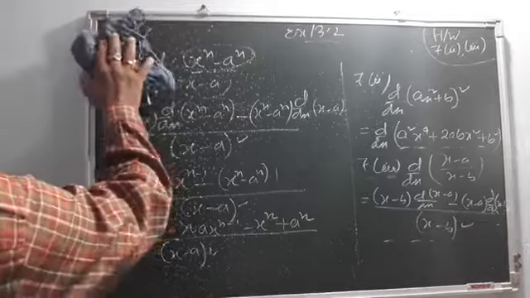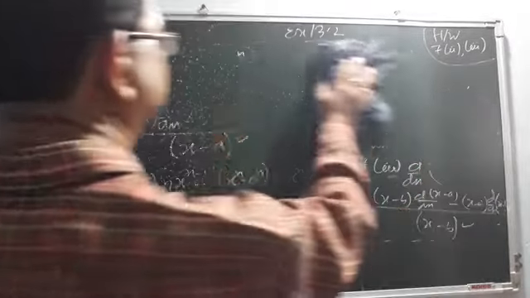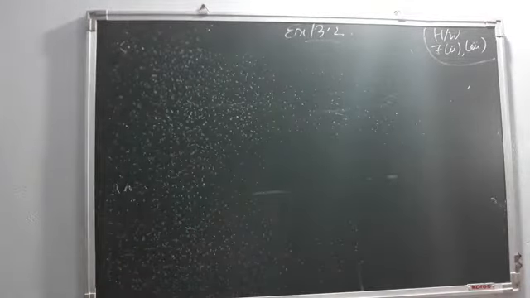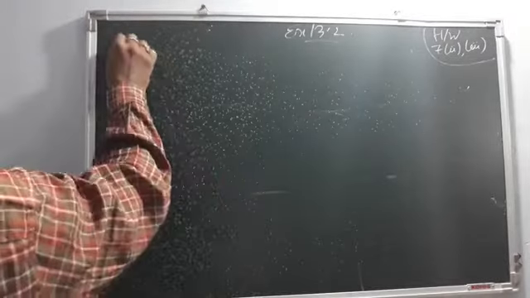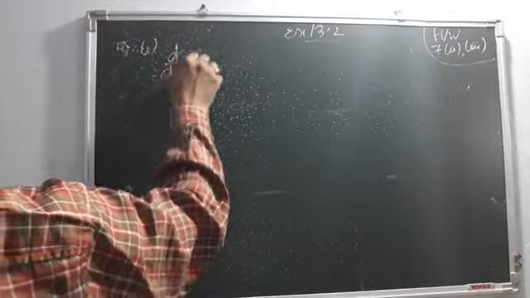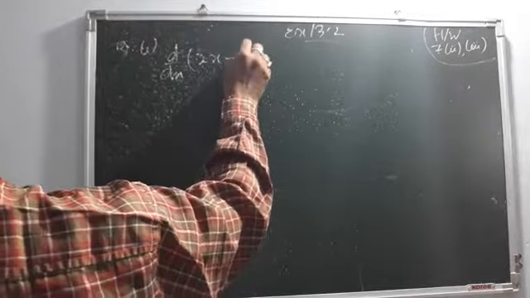Now question number 9. They say find the derivative d/dx of twice x minus 3 by 4.